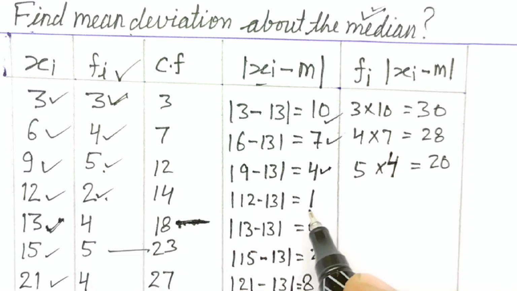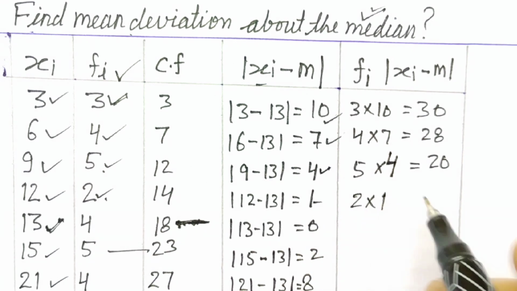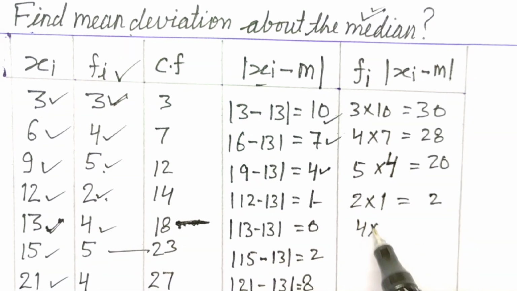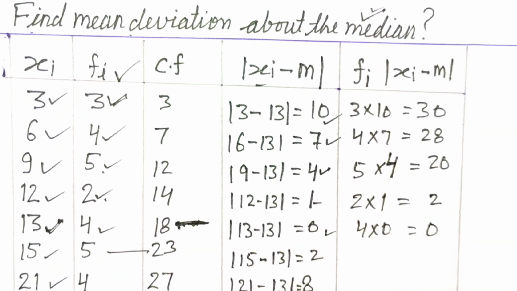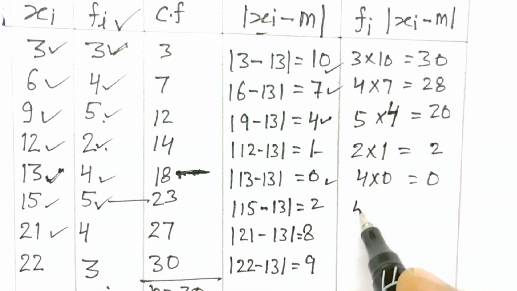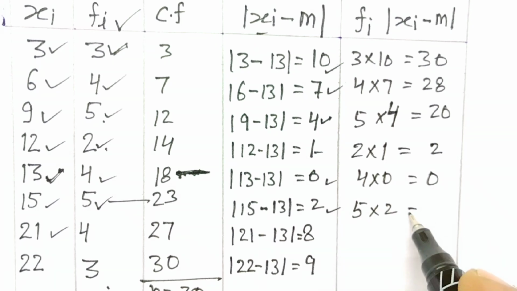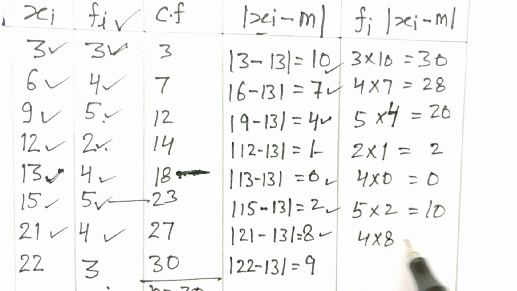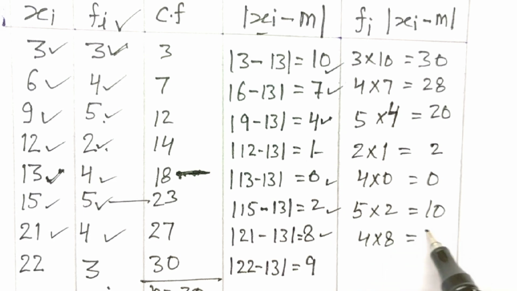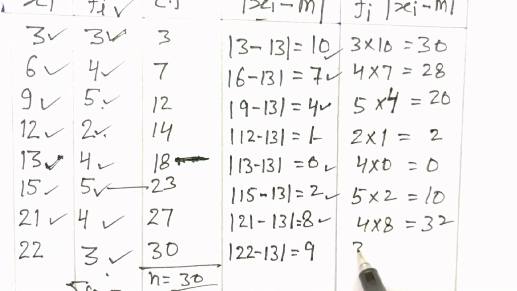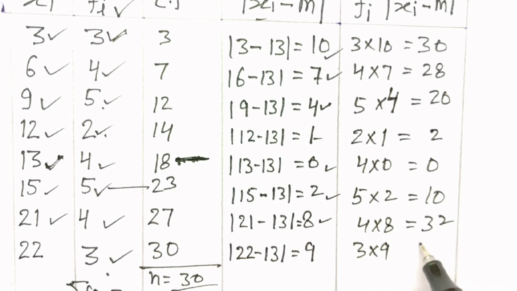And then 2 into 1 is equal to 2, 4 into 0 is equal to 0, then 5 into 2 is equal to 10, then 4 into 8 is equal to 32, and 3 into 9 is equal to 27.